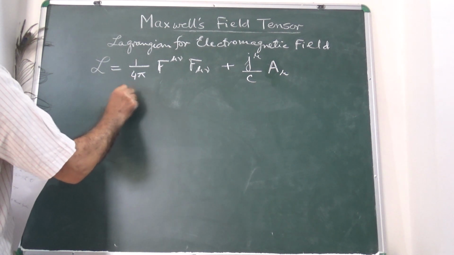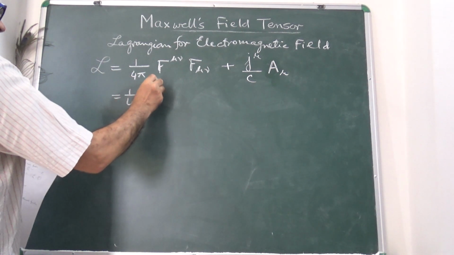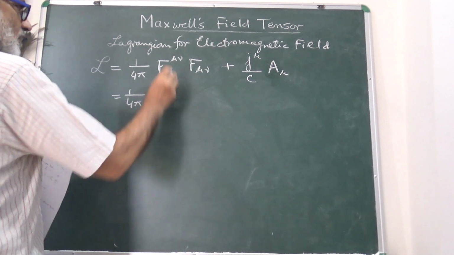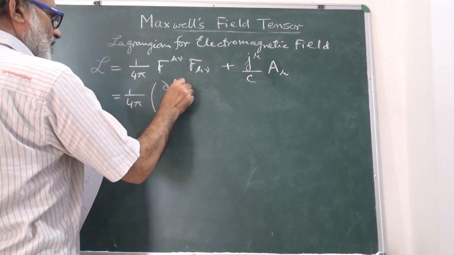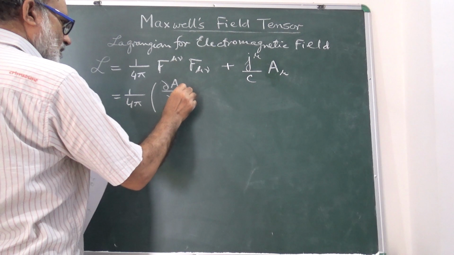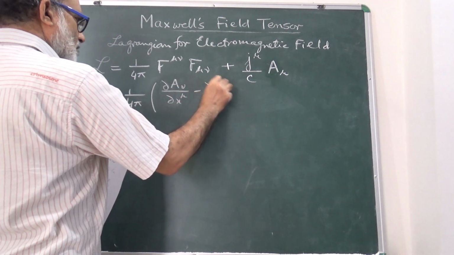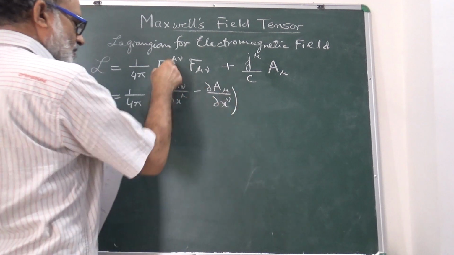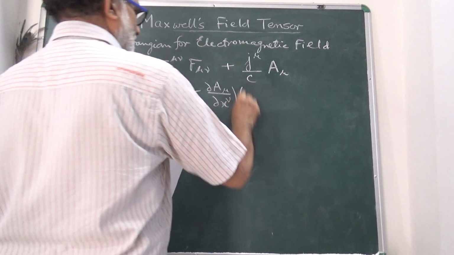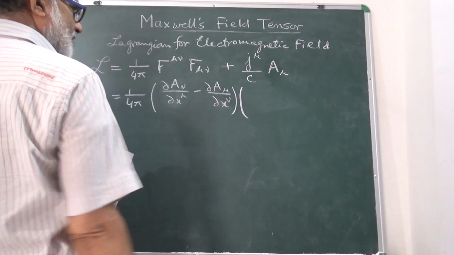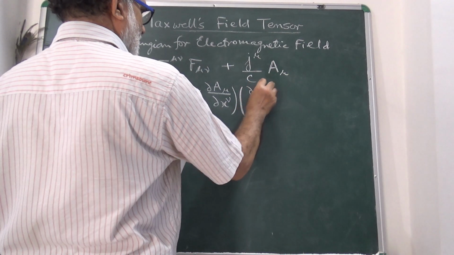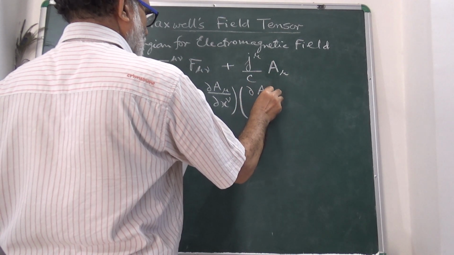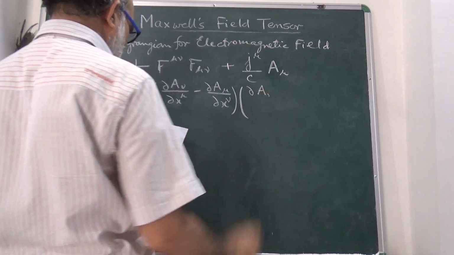Actually this is 1 by 4 pi, and this is delta A nu by delta x mu minus delta A mu by delta x nu. Similarly, this is contravariant and covariant, and this is A mu.